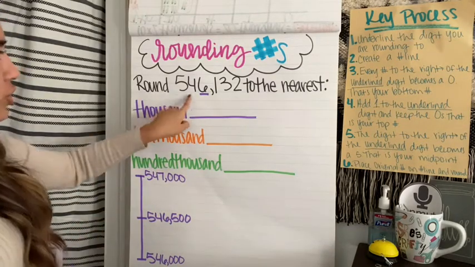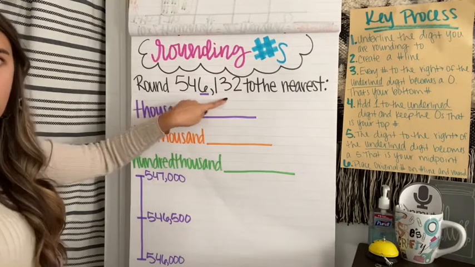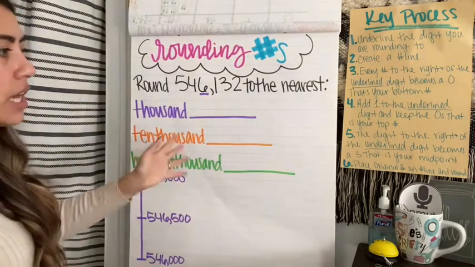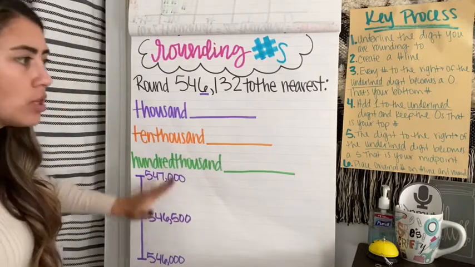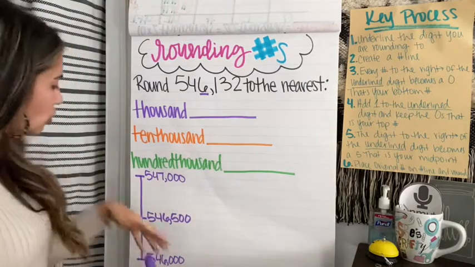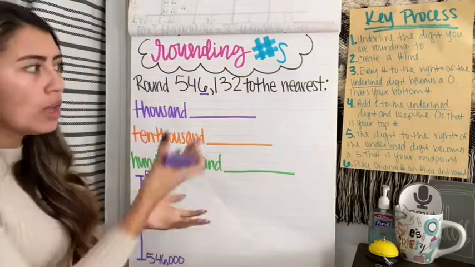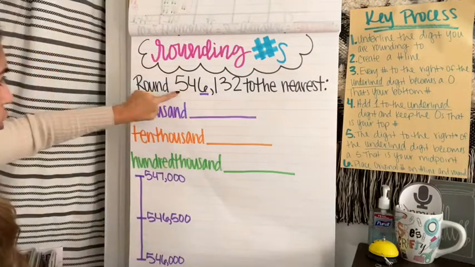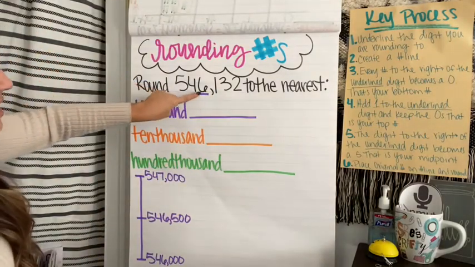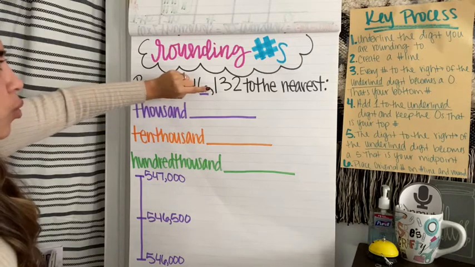Place the original number, so this black number here is the original number. Place that original number on the number line where it belongs, okay? I can't just throw it on there wherever I want to. I have to figure out where it goes. So I have 546,100.